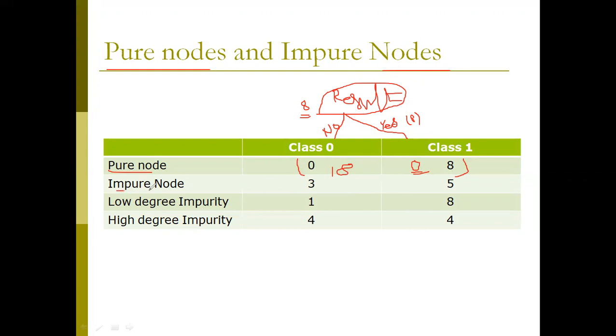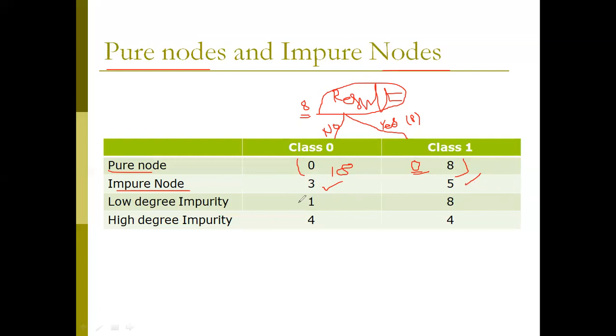Coming to the impure node, if you have 8 students, and 5 students passed and 3 students failed, if you get values like these, such nodes are called impure nodes.